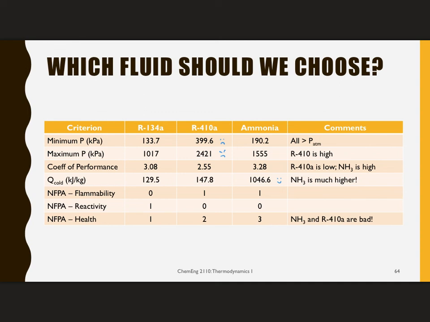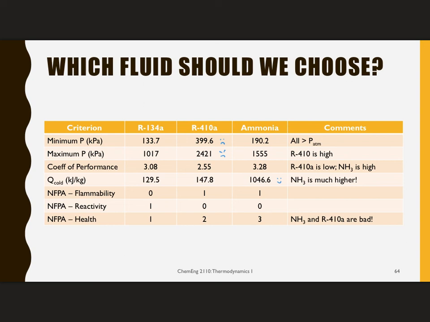R134A is a 1. I'm usually pretty happy with 1s and 0s in my house. R410A is a 2. Ammonia is a 3. Okay? These are going to be really problematic to have in your home. And yet, these are considered good choices in many cases.